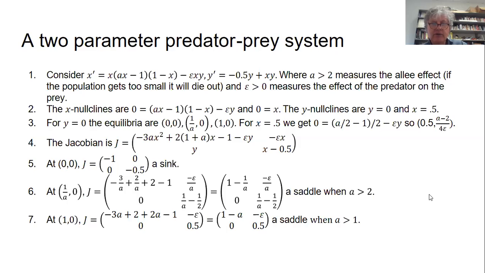Okay, because 1 minus 1 on A is always going to be positive, but then 1 on A minus a half is going to be negative when A is greater than 2. And then at the carrying capacity equilibrium, we get as our eigenvalues 1 minus A and a half. And so when A is greater than 1, we have that to be a saddle because we've got a negative and a positive eigenvalue. Okay.